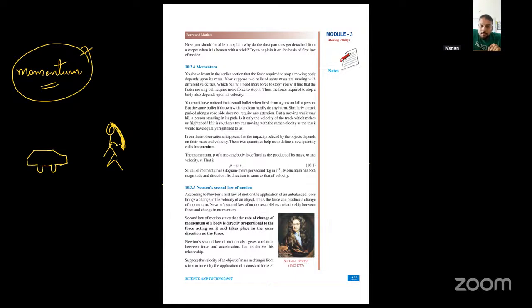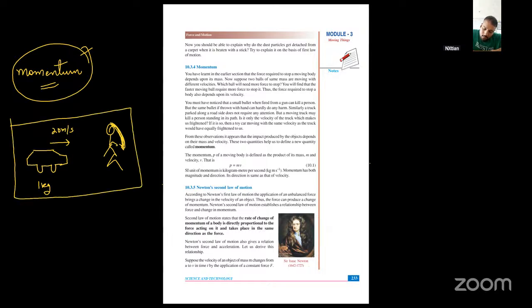The toy car weighs about 1 kg, and it is coming towards Vidya with a speed of 20 meters per second. So this is one case, option A.